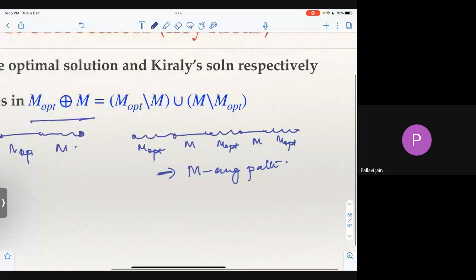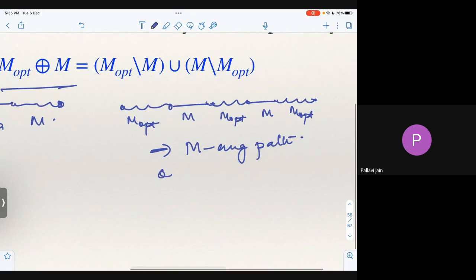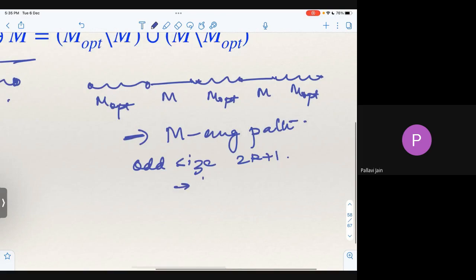Basically, the two endpoints are matched by M opt but not by M. So these sorts of paths are called M augmenting paths. Similarly, you can also have an M opt augmenting path, right? There, the number of edges of M will be greater than that of M opt, correct? So these M augmenting paths have odd size, let's say 2k plus 1, of which M opt contributes k plus 1 and M contributes k.